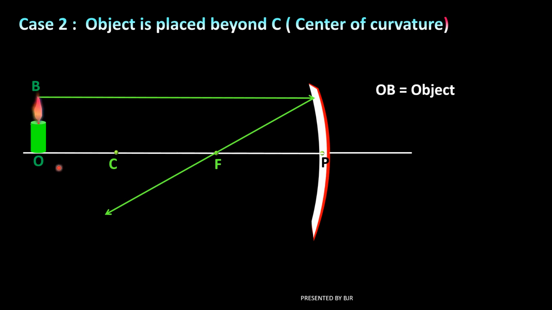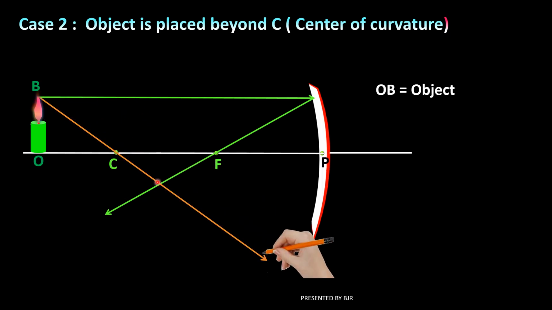So here I am going to draw the second ray from the point B, and I will make it pass through the center of curvature. So here I am drawing the second reflected ray. This is the second reflected ray, not the incident ray. Remember that one.